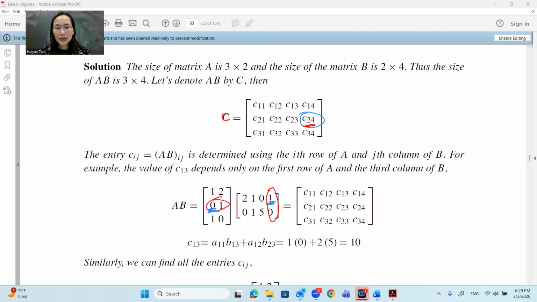So 0 times 1 is 0. 1 times 0 is also 0. So this will be 0.